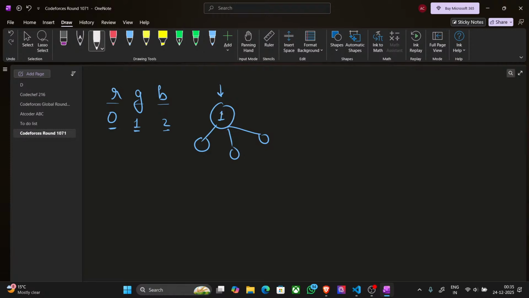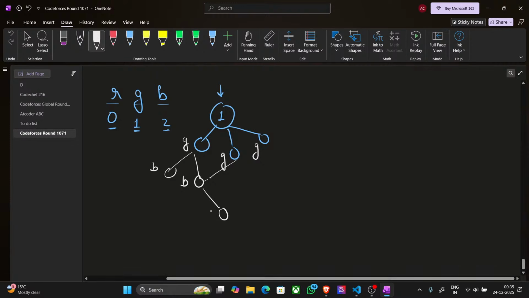When the distance is 1, I can place green color here. Then if it increases to 2, I can place blue color here.